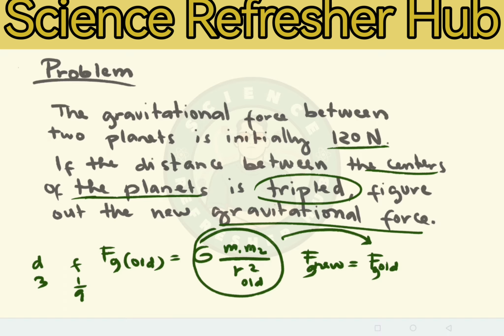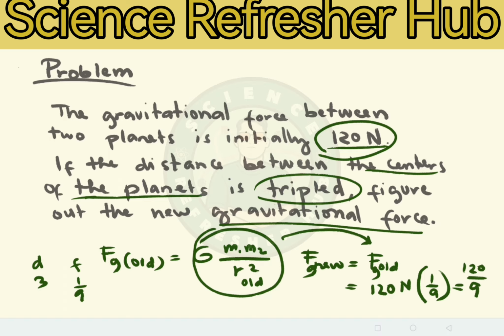So in this case, we can just simply say that the old FG value is 120, initially 120. So we can have 120 newtons here. And of course, we have our force factor if we triple the distance, so it's going to be 1/9. We just have to do it like this, and then 120 times 1, that's 120 over 9.